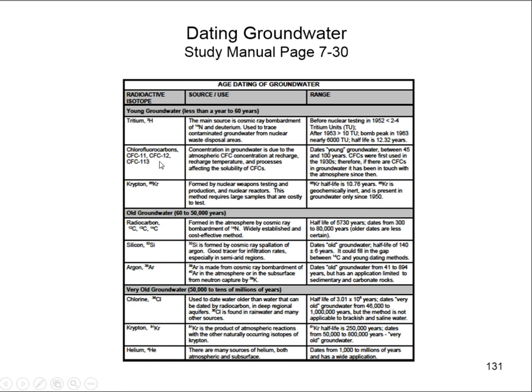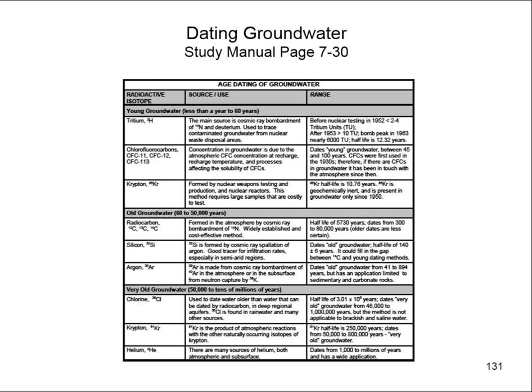So tritium, CFCs, and krypton 85. And if you think of the hydrologic cycle, they're up in the atmosphere, and it rains, comes down to the ground, seeps through the ground, eventually gets into the groundwater. So that's going to give us a young age.